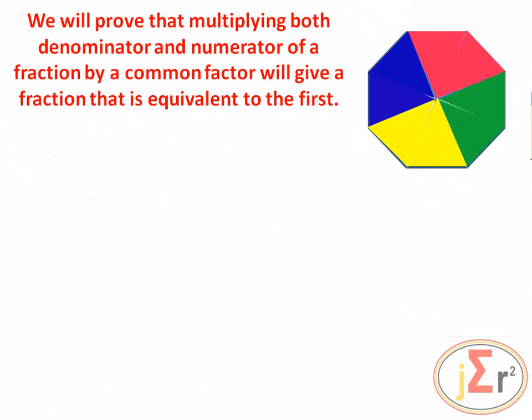We will prove that multiplying both denominator and numerator of a fraction by a common factor will give a fraction that is equivalent to the first. That is what we are attempting to do. So we are attempting on this occasion to prove that if we multiply both denominator and numerator of a fraction by a common factor, the new fraction that we will get is actually equivalent to the first.